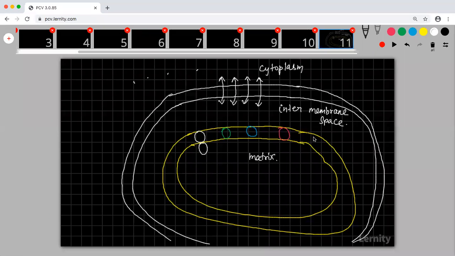Whereas this membrane is selectively permeable, and it has these proteins. What are these proteins? These proteins are involved in what we call the electron transport chain. This electron transport chain will result in ATP production.